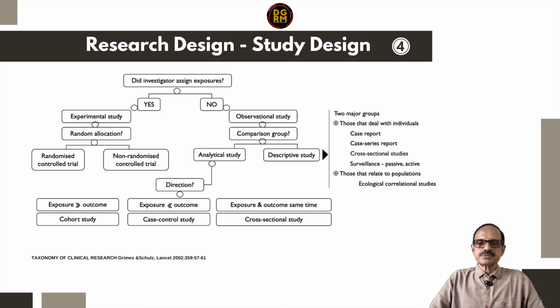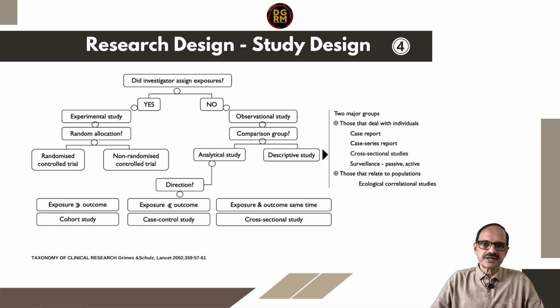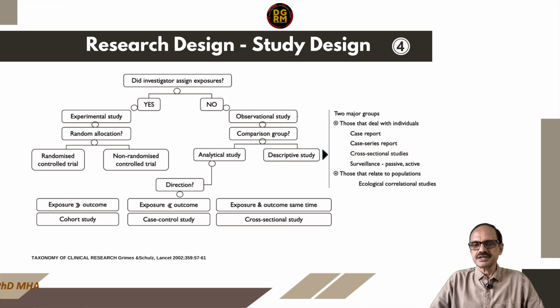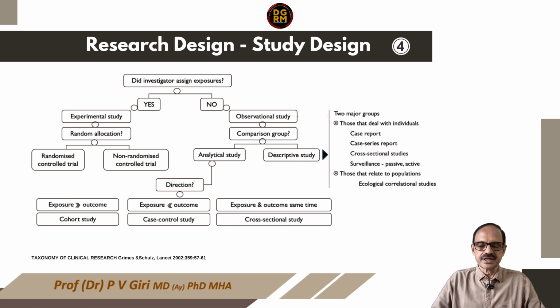Basically, there are two types of studies: observational study and experimental study. If the researcher assigns the exposure, then it becomes an experimental study. There are two types of experimental studies: the randomized control trial and the non-randomized or quasi-experimental design. If randomization is done, then it is a randomized control trial.